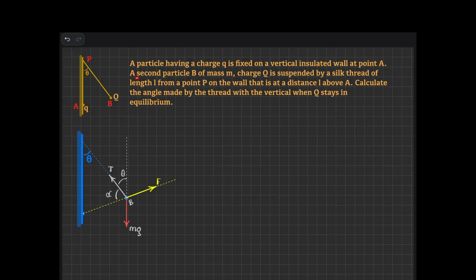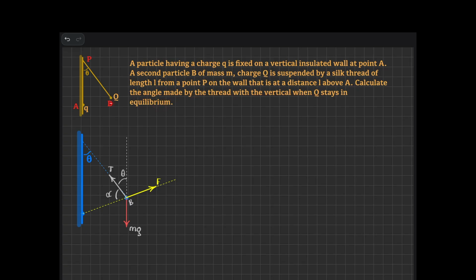Now it says a second particle B of mass m and charge q is suspended by a silk thread of length L from point P on the wall, that is L distance above A. So this is the point P from which, on a silk thread, another charge q is hanging, and this point is at a distance L from A. So both the length of the thread is L and the distance AP is also L. Now it says calculate the angle made by the thread with the vertical when Q stays in equilibrium.